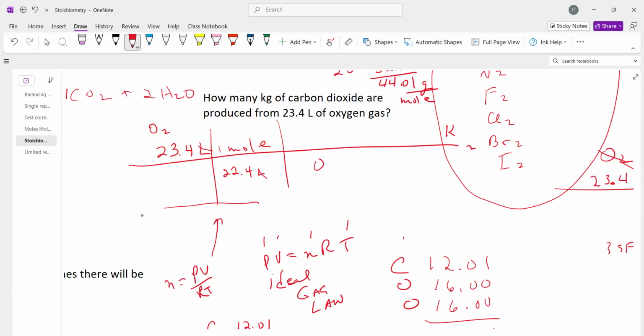Okay, so what's the next step? We need oxygen on the bottom, and we need carbon dioxide on the top. So we had 1 and 2 from the balanced equation.